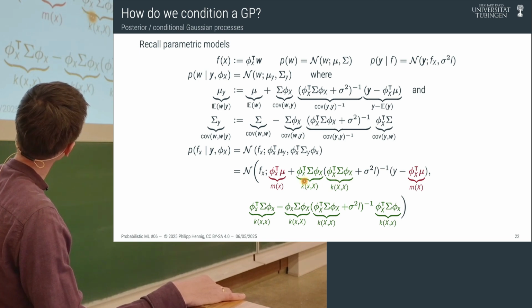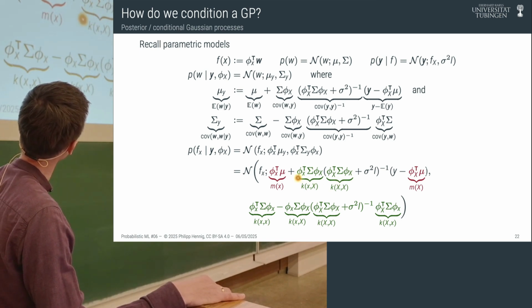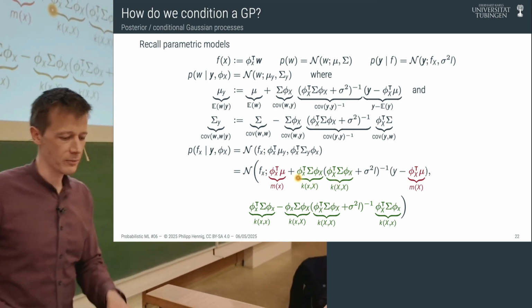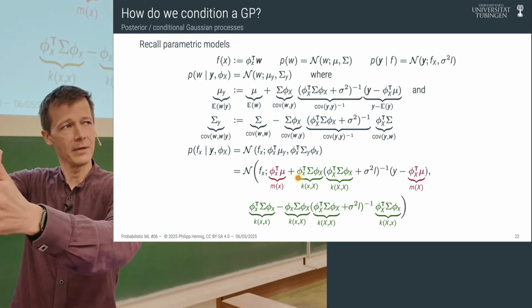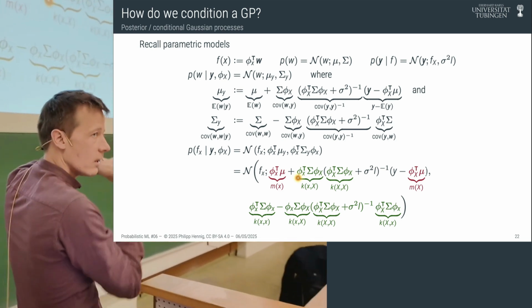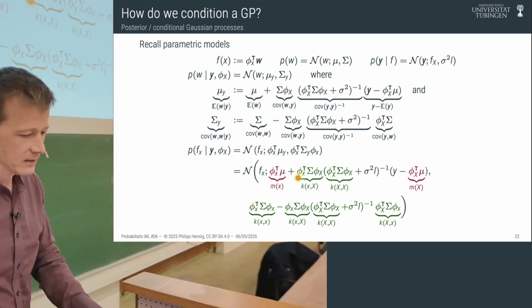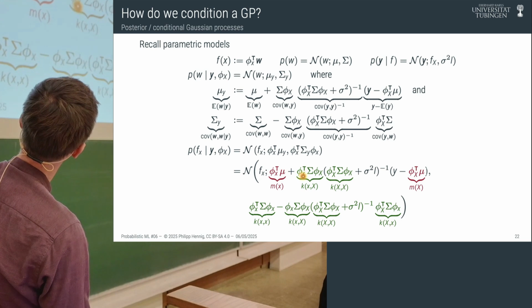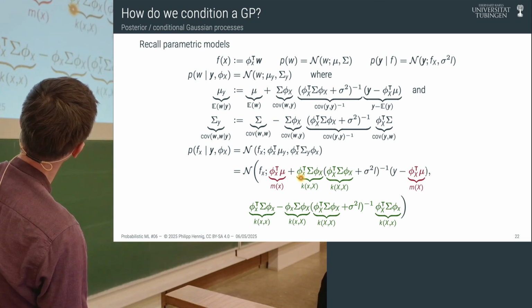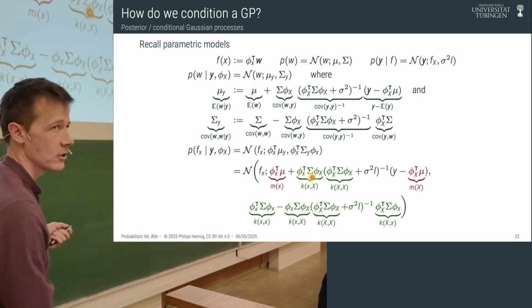And then I need to compute this object. That's the only tricky part. This is going to be our projection from the data space, which is finitely many points, into the function space. And so far, this has been this inner product between the features of the prediction and the features of the observations.